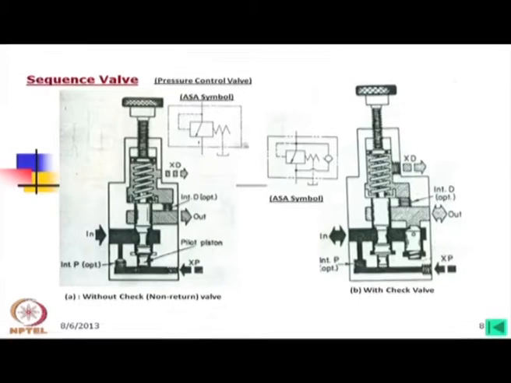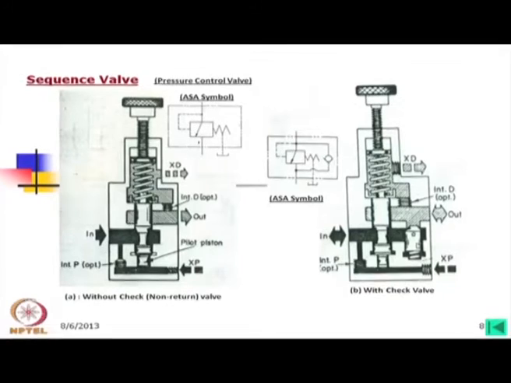Now, the ASA symbol, if you look into this, even I get confused about whether this is a sequence valve or a pressure relief valve. Now, this variety has another option to have a check valve. What is the check valve? We have a check valve like this.